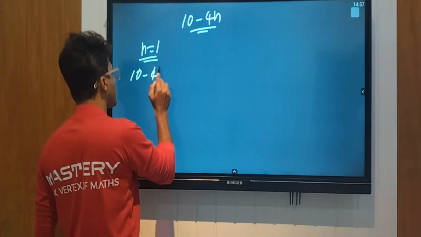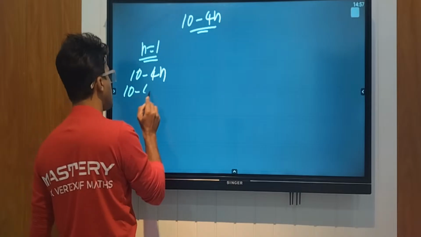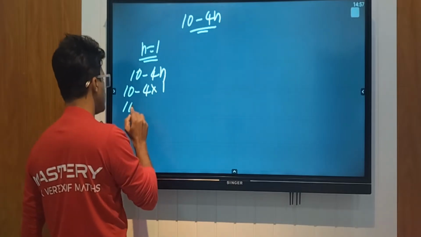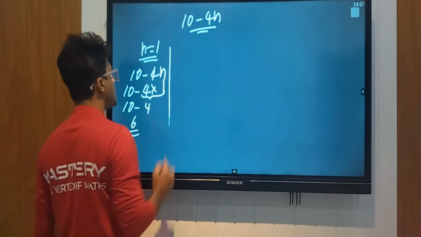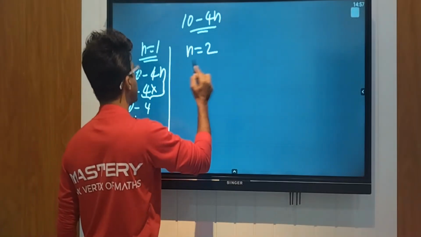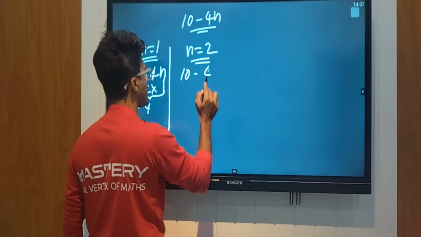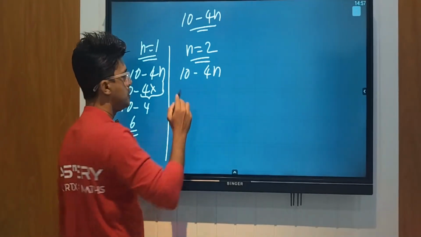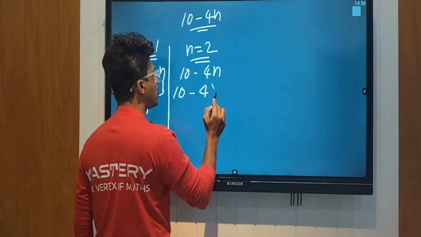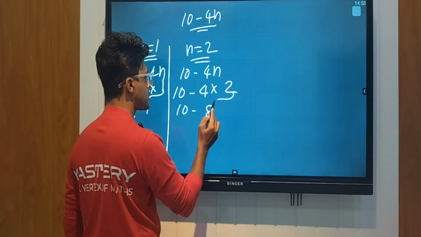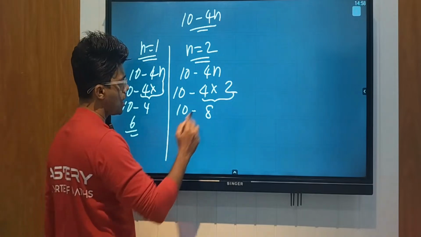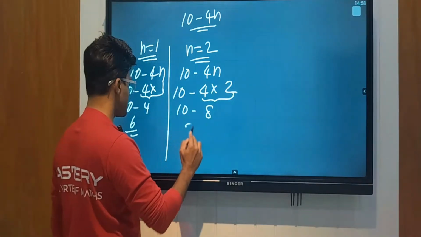10 minus 4n, then 10 minus 4 times 1. So 4 times 1 is 4, 10 minus 4 is 6. And also we could get the second term as well. 10 minus 4 times 2. 4 times 2 is 8. 10 minus 8 is 2.